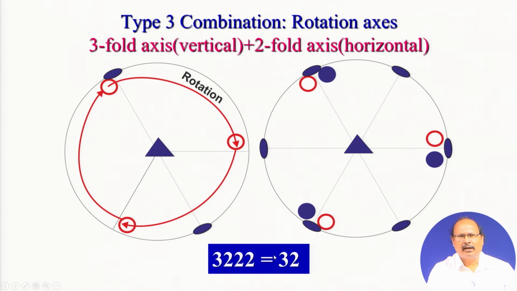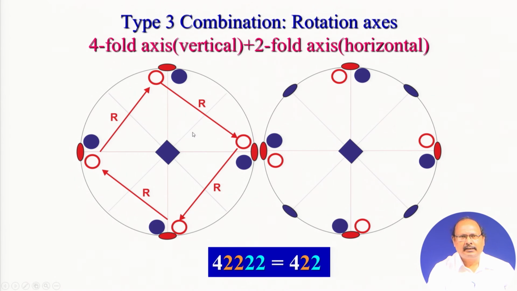Okay. So, let us now come to the next one here. This we call a vertical four-fold axis of rotation, and let us consider we start with a horizontal two-fold axis of this orientation, and because this is a 90 degree repeat angle, there will automatically be another set of two-fold axes here.